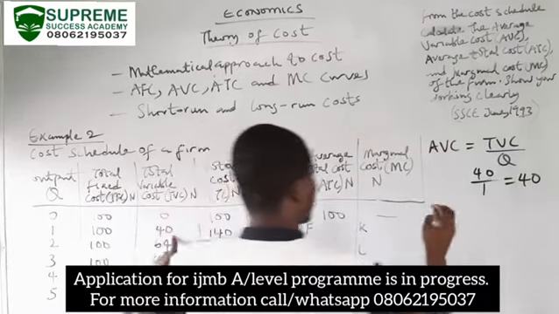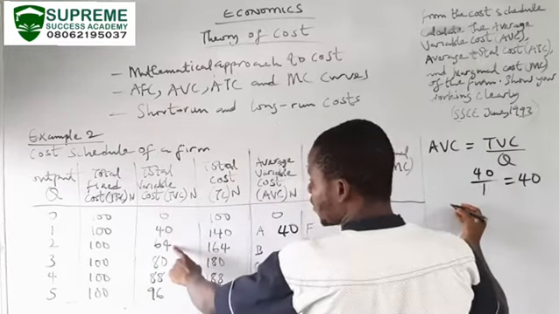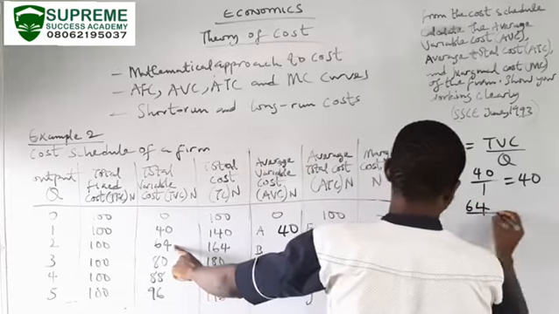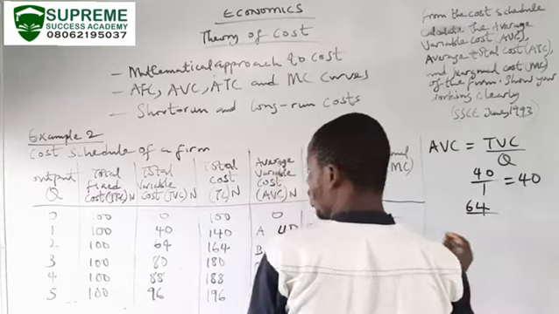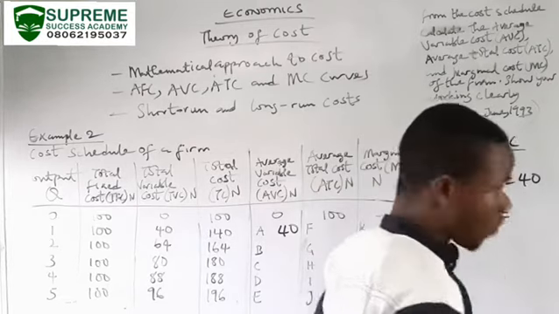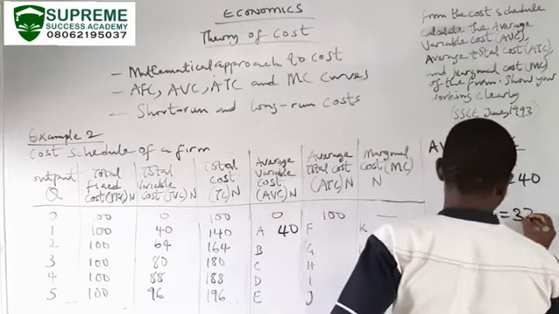For the second output, we have the total variable cost to be 64, divided by the output, which is 2. 64 divided by 2 gives us 32.